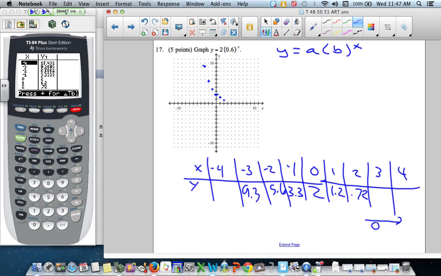And then remember, your curve is going to approach the x-axis because these numbers get closer to 0. Anytime you are graphing an exponential curve, it's going to curve towards the x-axis at one side or the other. So make sure that curve doesn't cross the x-axis there.